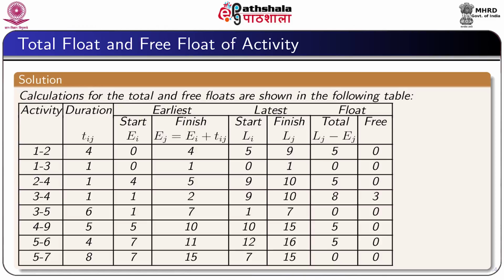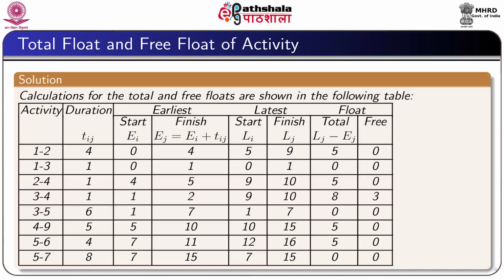Now, the calculation for the total and free floats is shown in the following table. In the first column, we list the activities. In the second one, we give the duration of each activity, and then we calculate the earliest start time and finish time, then latest start time and finish time, and finally total float and free float.